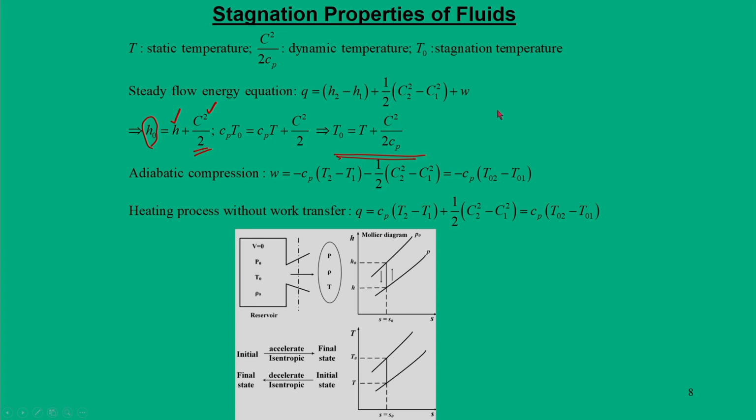Now, moving further, another way of representing the steady flow equations is for the adiabatic compression situation and the heating process without work transfer. For these processes, instead of static temperatures, we can represent the equations in terms of stagnation temperature.